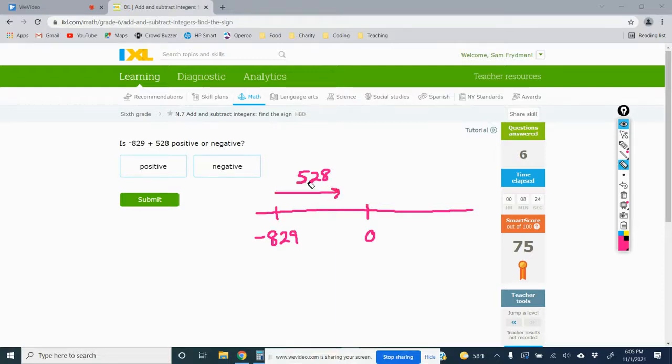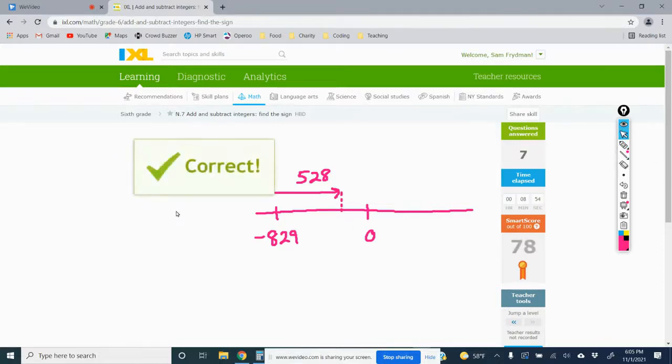So this is not enough to pass 0 and bring us into positive territory. If this had been, let's say, 830, then that would just be enough to bring us into positive territory, right? But that's not the problem that we were given. We were given 528. That's not enough. So we would still be in negative territory to the left of 0. So the answer here is going to be negative.